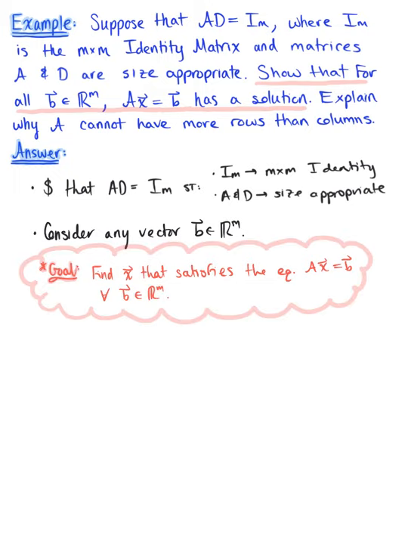In order to do that, we'll start with our hypothesis, and let's right-hand multiply this by the arbitrary vector B in Rm.